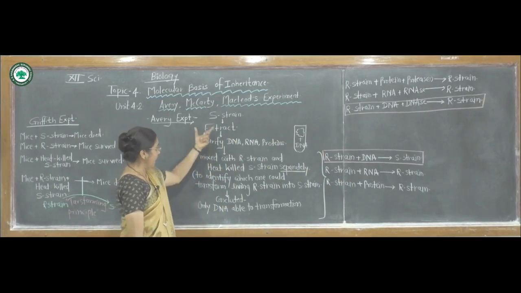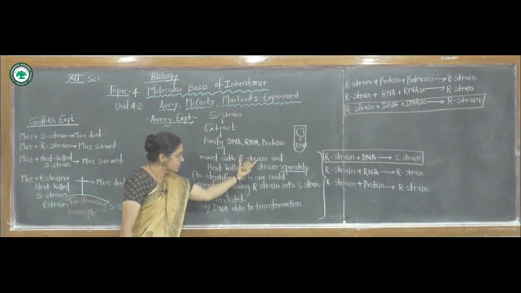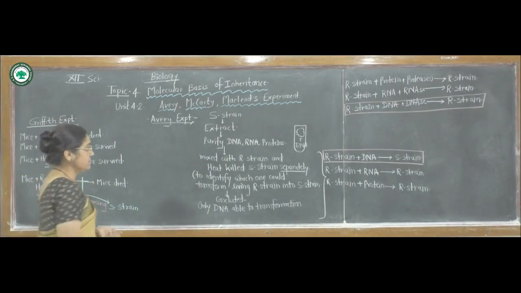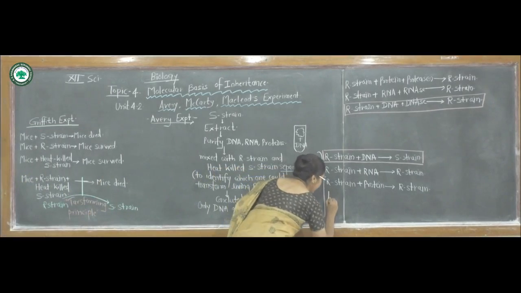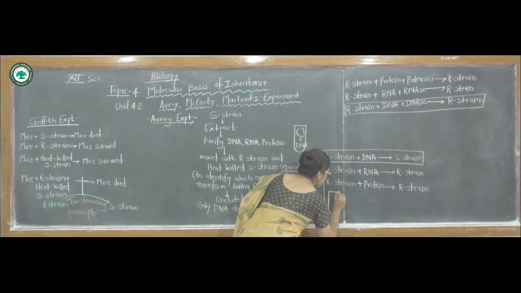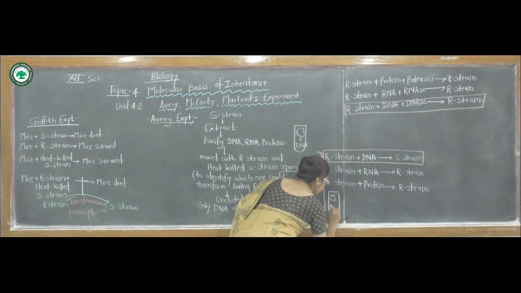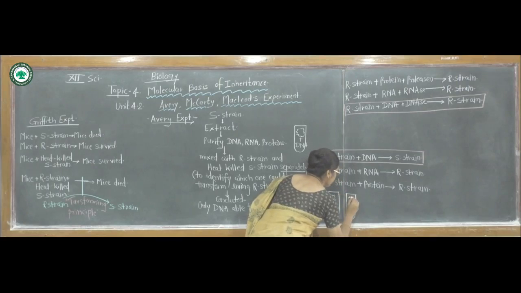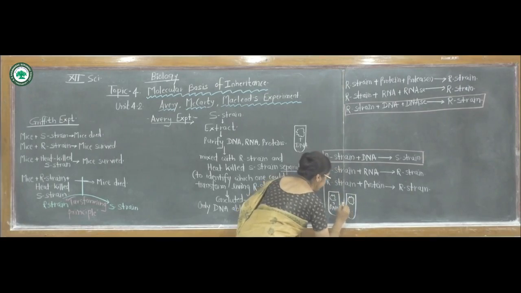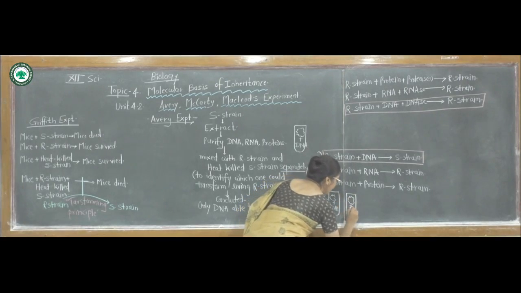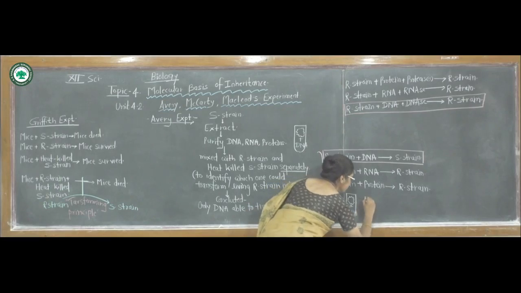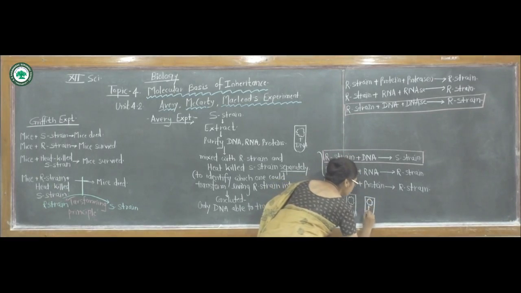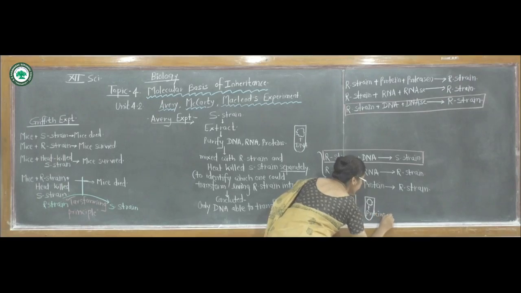So Avery performed the experiment using the R strain bacteria, that means the rough strain bacteria, separately, and to which different substances were added: plus DNA, plus RNA, plus proteins, like this.